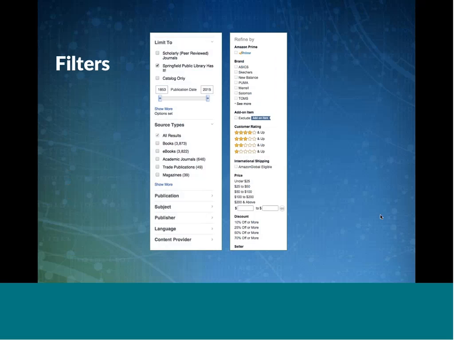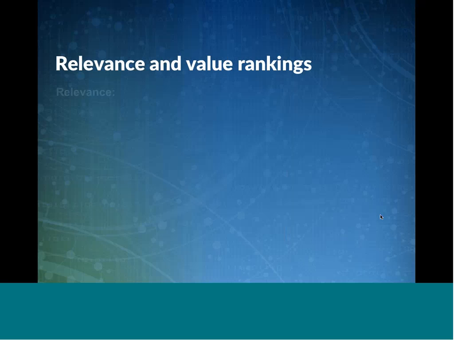So you can filter by just your catalog only, or whether or not your library has the full text. You can also filter by source type, by publication or publisher, or even the content provider. So if you just want to look at a particular database instead of all of them at once, you can filter those results down easily right there. That's one of the advantages of being able to look at the index all at once.